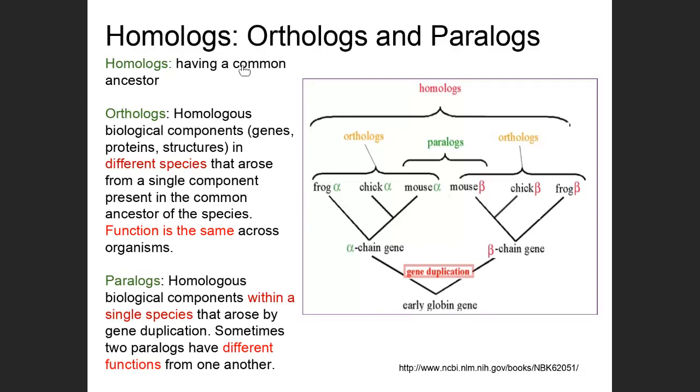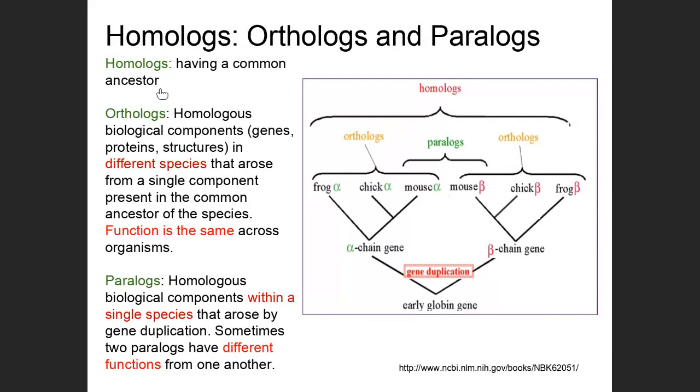So here's more information about homologs, orthologs, and paralogs. Homologs have a common ancestor. We believe that there was some living organism, and then that living organism underwent mutations. In the end, everything that exists goes back to that first organism, which was much simpler, but it evolved over time.